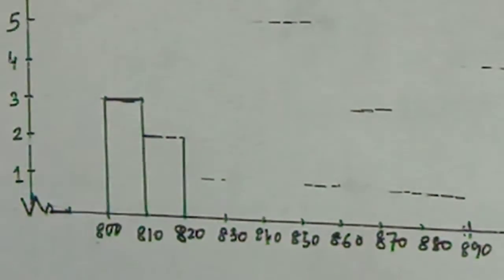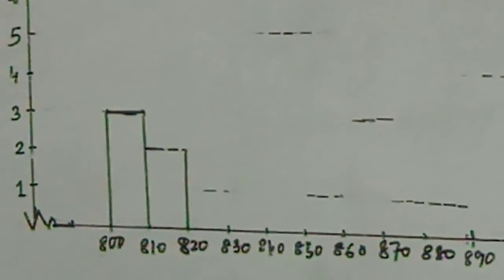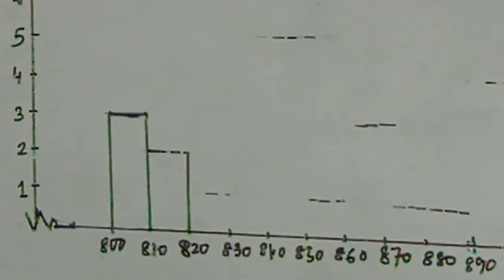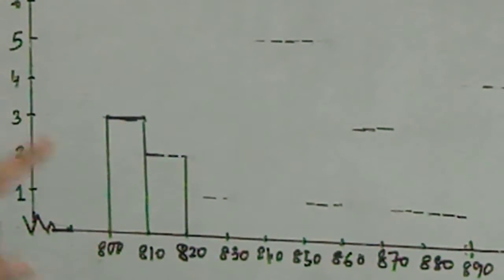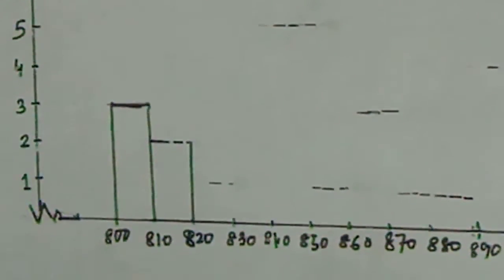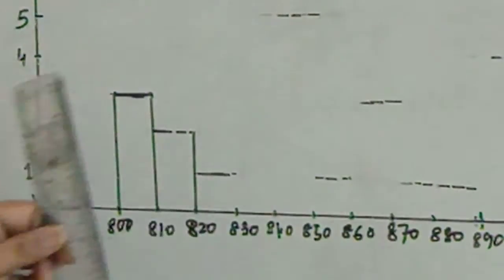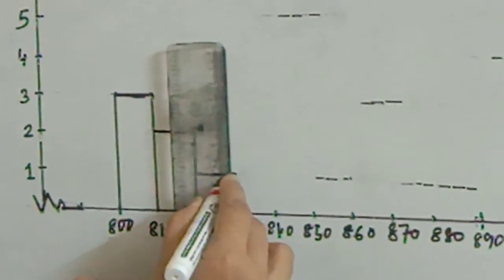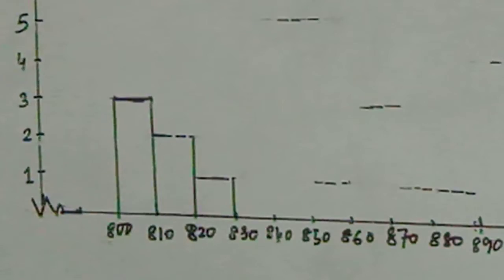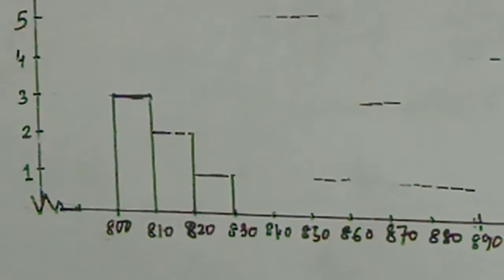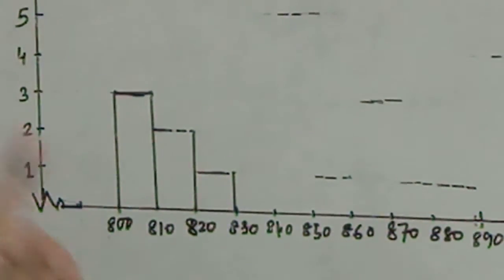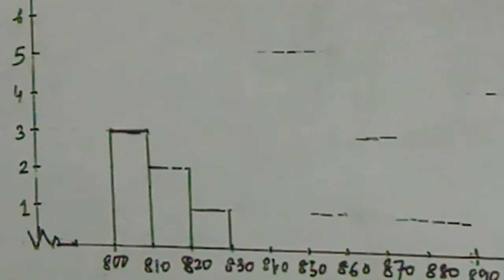In this way you have to complete the histogram. The next one is 820 to 830, which is 1, so you will draw only 1 in this way. Understood? So you will complete the histogram by using these frequencies.